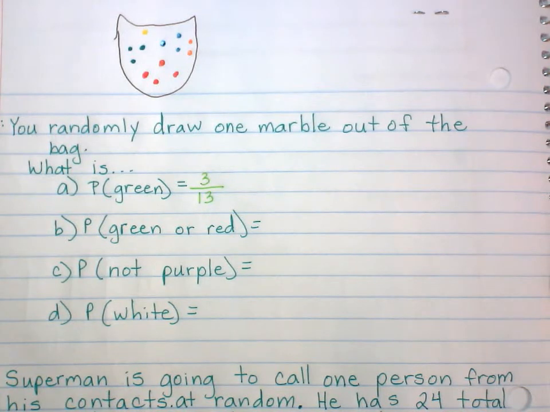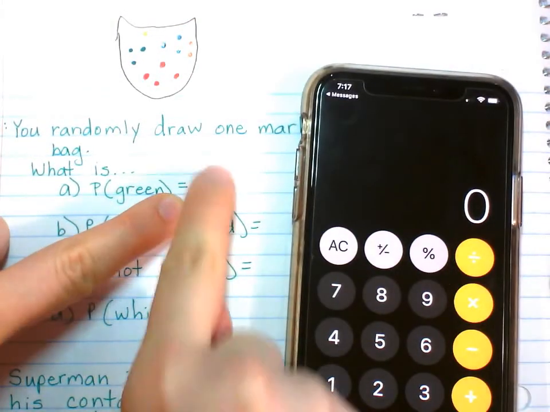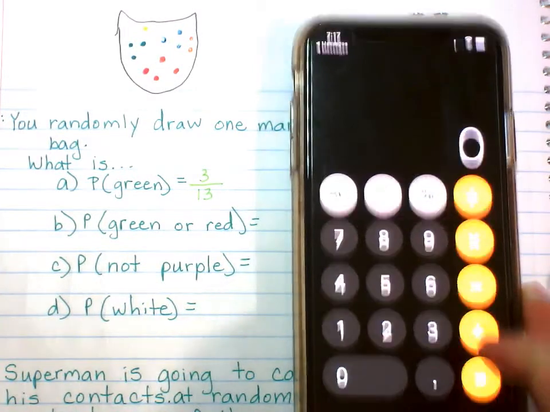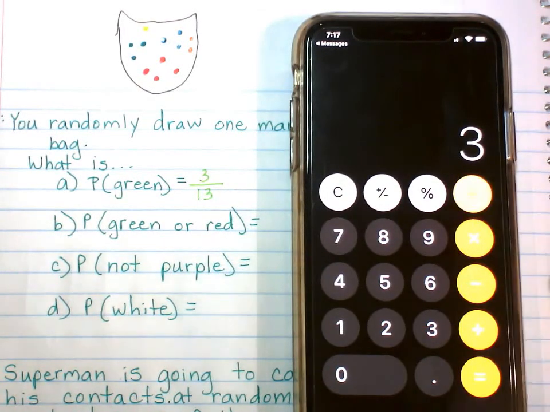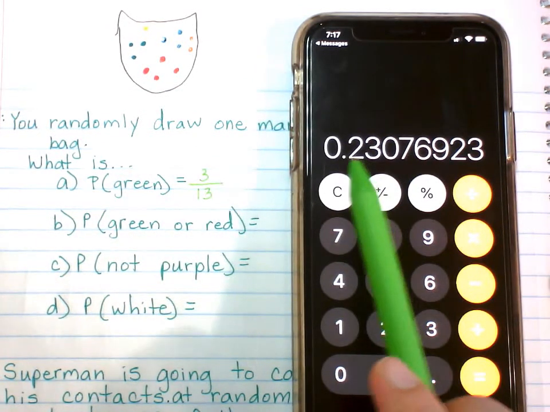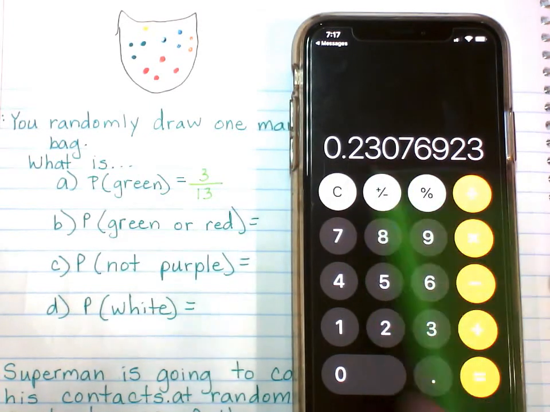Remember, if you want to change this to a decimal, you do 3 divided by 13. So 3 divided by 13 equals, and we just say round it to 2 decimal places. So 1, 2, the 0 just means you just leave it. So 0.23.